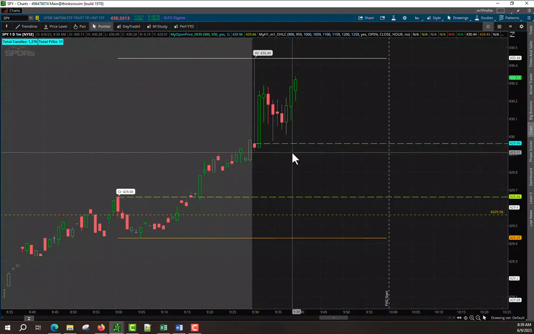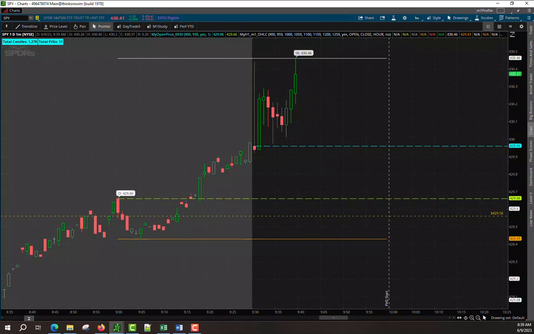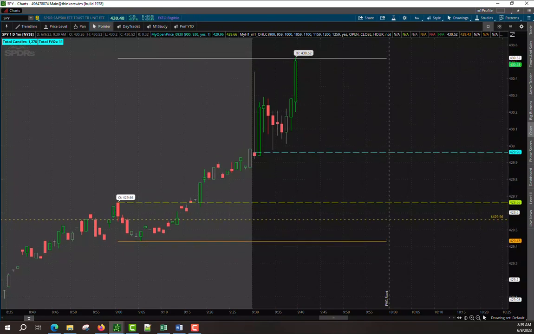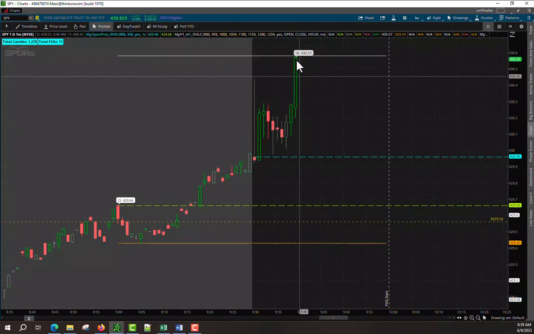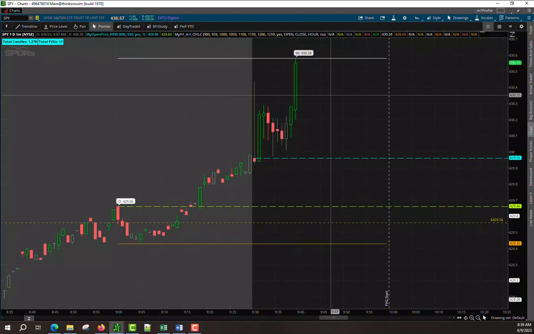So we don't see any setup right now on the 1 minute time frame. Wow. Yeah, we're going to go to 431. Keep going.